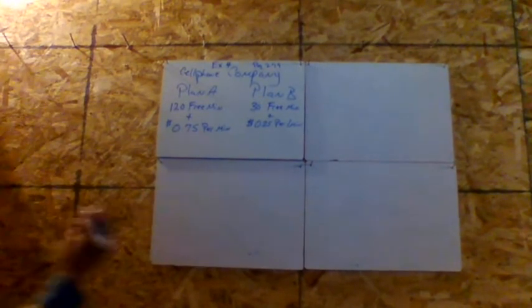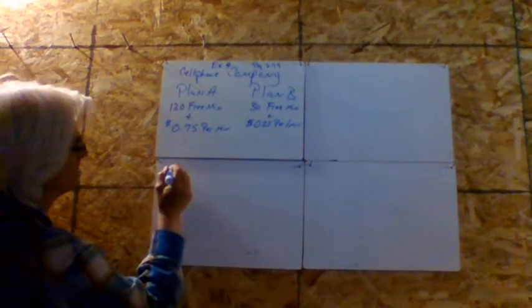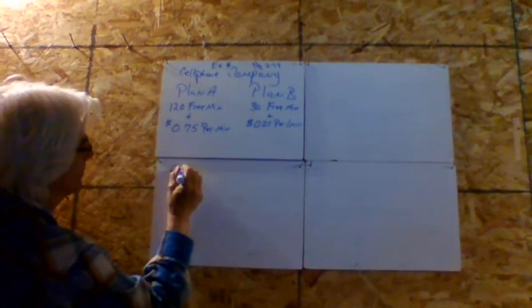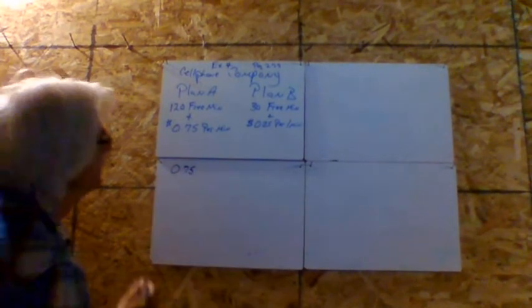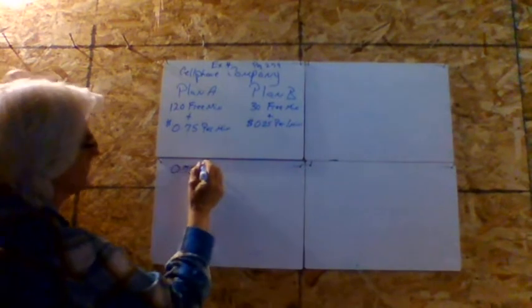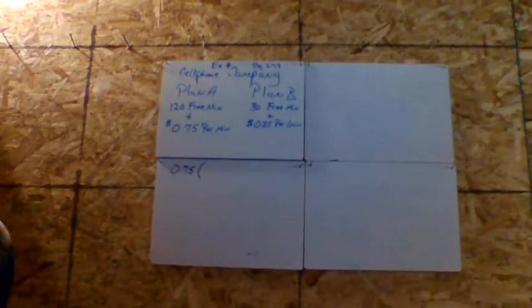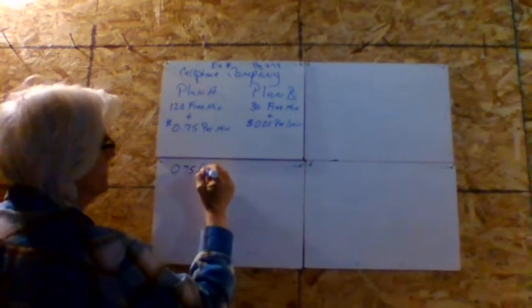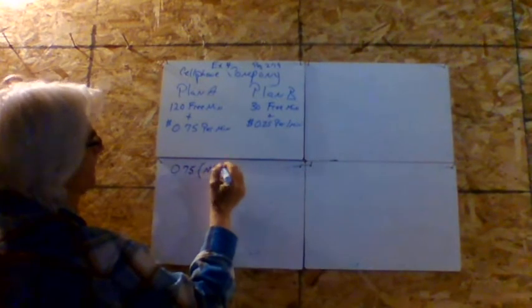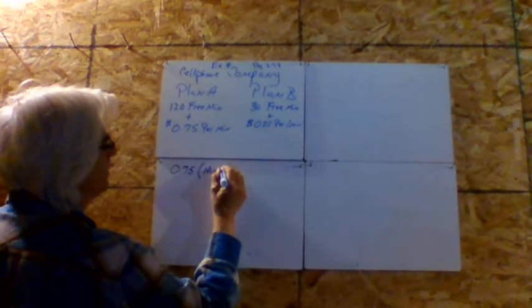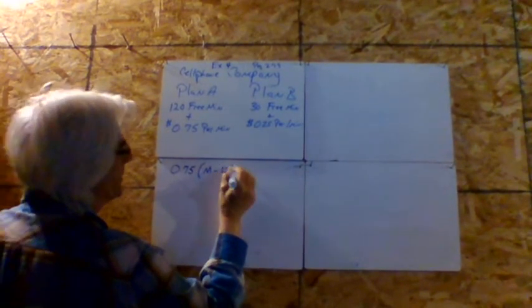So if I look at Plan A, they're going to charge me 0.75 per minute. But look, I'm going to have to use parentheses in this because the minutes that I have, I'm going to have to subtract off 120 of them.